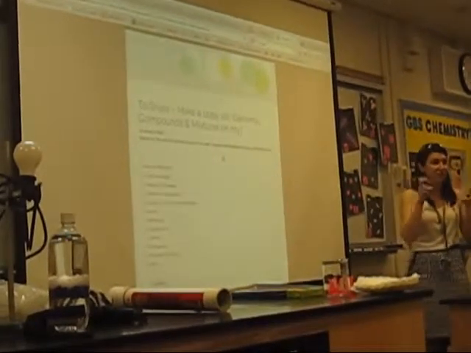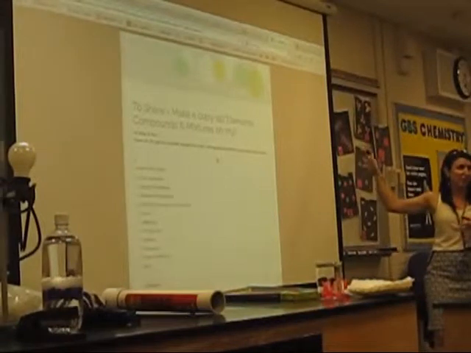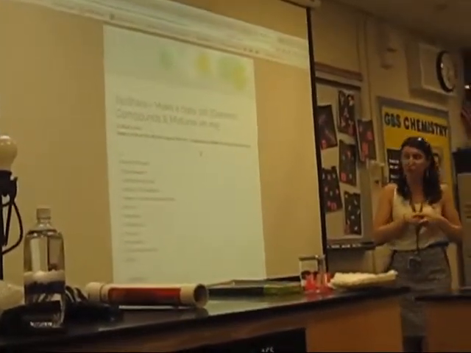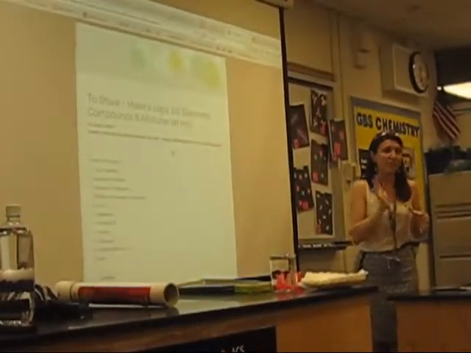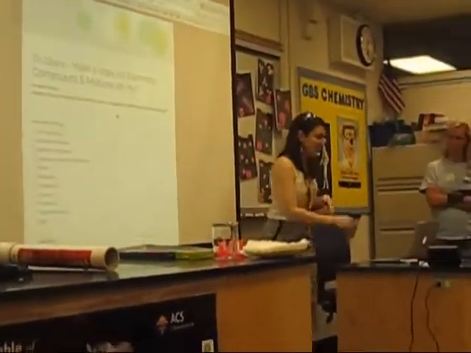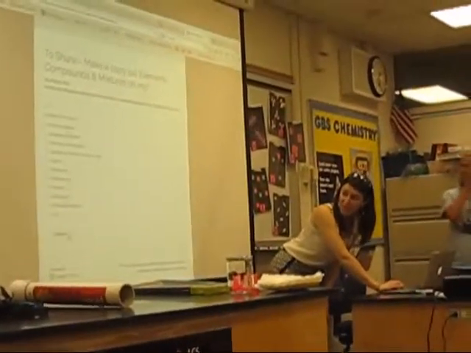I had the particle pictures hung around the room, 1 through 15, and for AP style, I added in some organic-ish types, not just the regular ones, and some ionic types. Before I even talked about elements, molecules, or compounds, I just asked, what do you guys know? Because you've all taken first year chemistry. They filled that out with check all that apply.